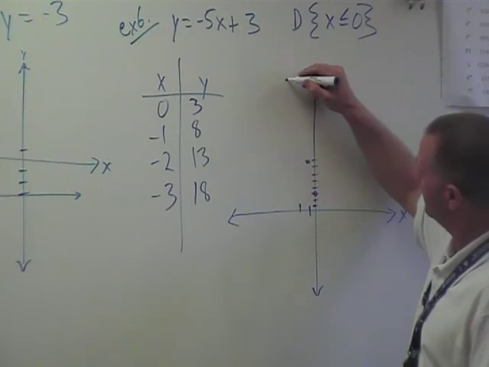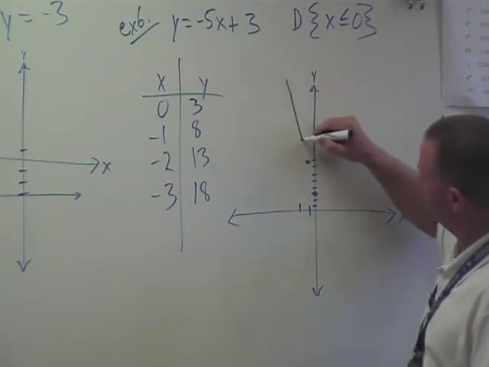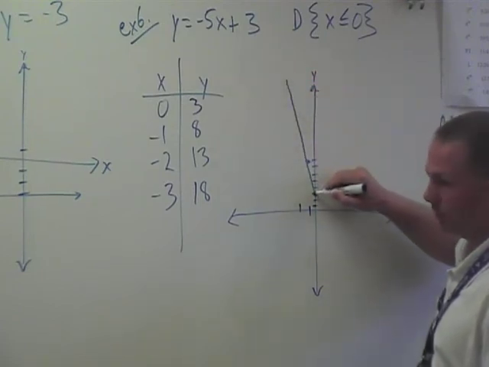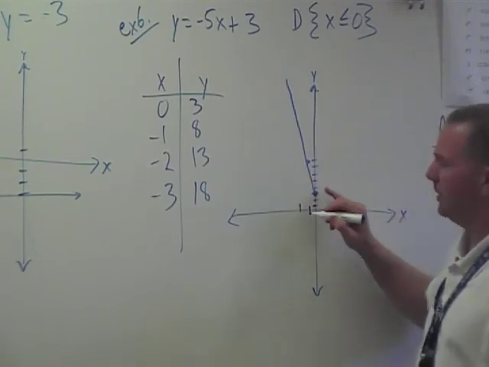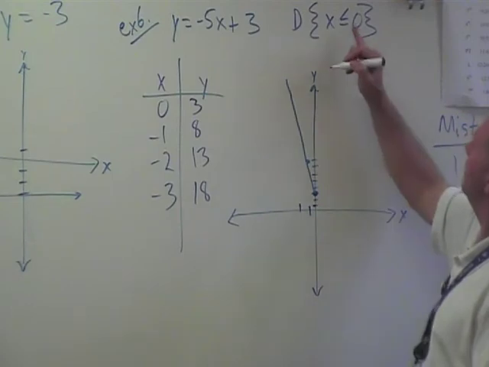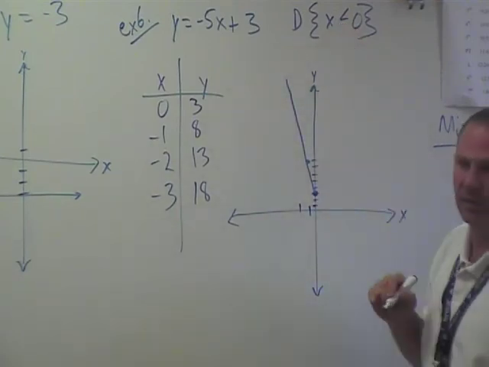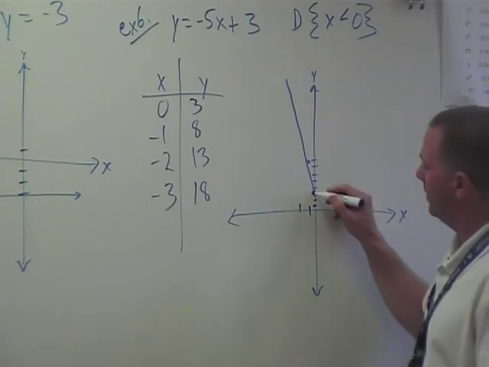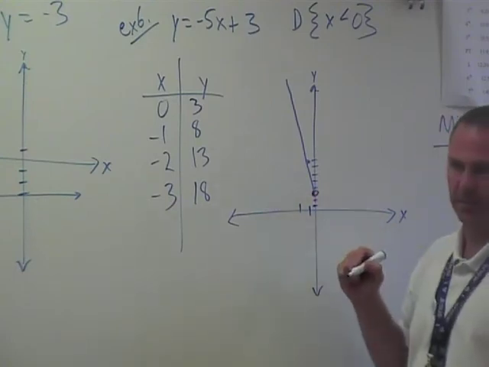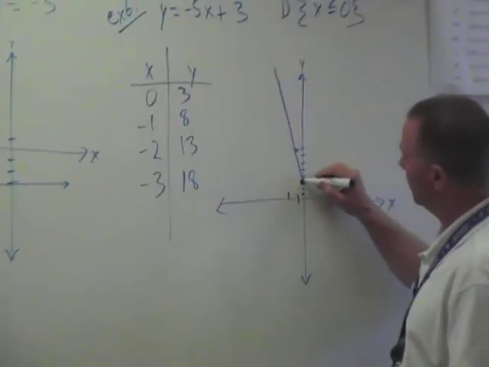So watch what happens. All my x values go to 0, including 0. If this equal sign wasn't here, what would I say? It would be an open circle. This would be open like that. But it is equal, so we're going to include it.